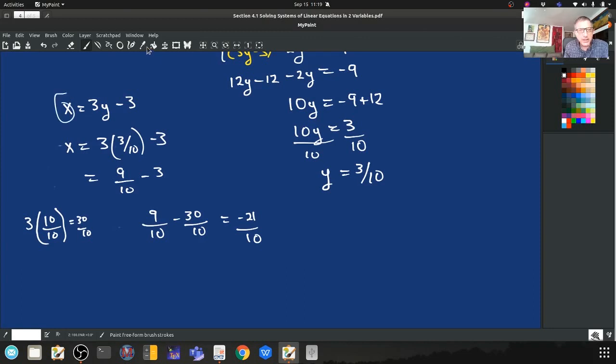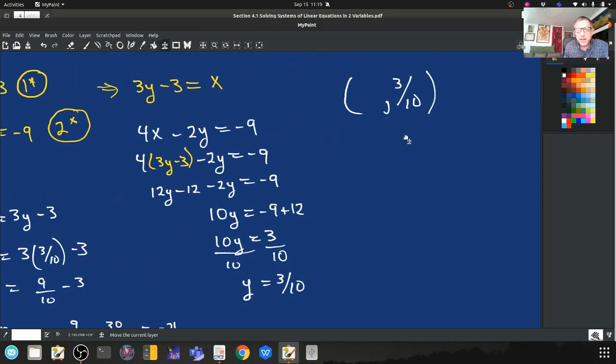That's my x value. So my x value is minus 21/10, and that is my solution. So the system has just one solution, and so the system is consistent.